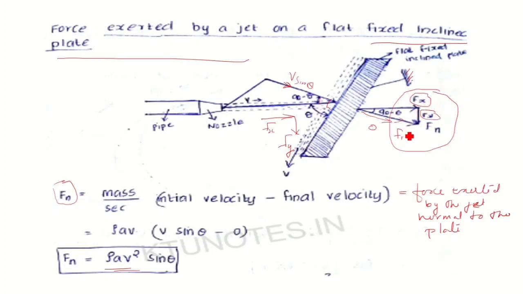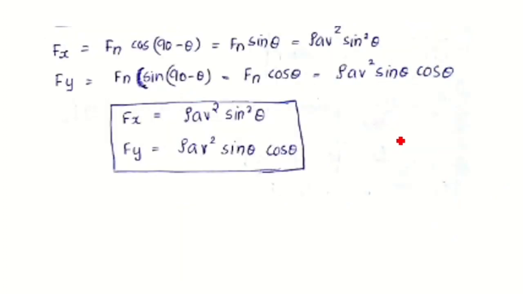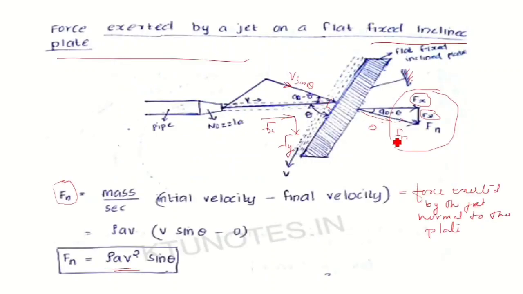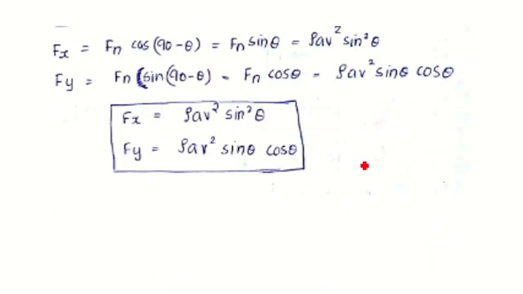So f of x is equal to f of n cos 90 minus theta. Sorry, it is not cos theta, here it is 90 minus theta. So f of n into cos 90 minus theta gives f of n sine theta.